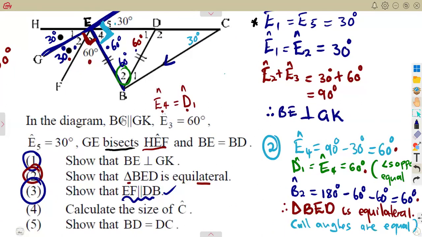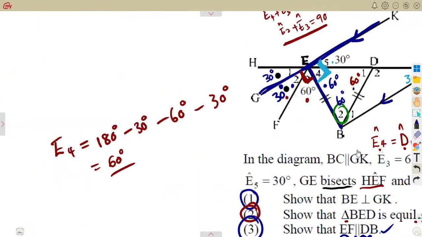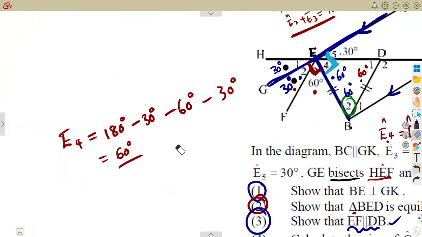To prove that the two lines are parallel, you just need any one of the conditions that parallel lines give.